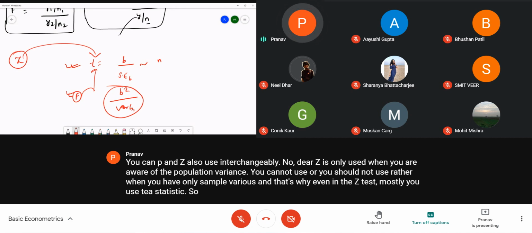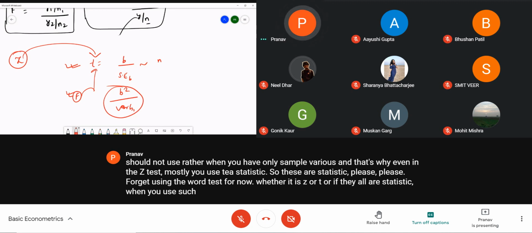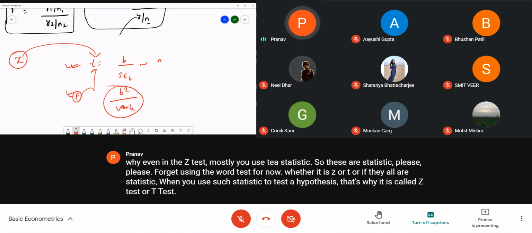So these are statistics. Please forget using the word test for now. Whether it is Z or T or F, they all are statistics. When you use such a statistic to test a hypothesis, that's why it is called a Z test or T test. Otherwise, they are not tests. Is this clear?